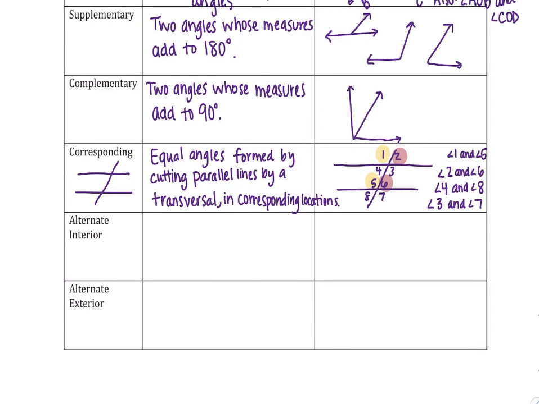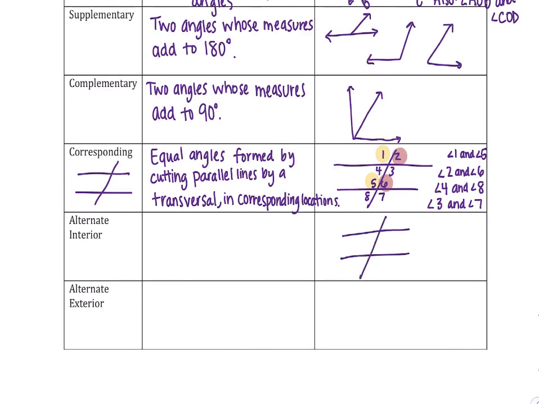When we discuss the alternate interior angles, we're still talking about angles formed by parallel lines cut by a transversal, but the alternate interior angles are going to be between the parallel lines on opposite sides of the transversal.